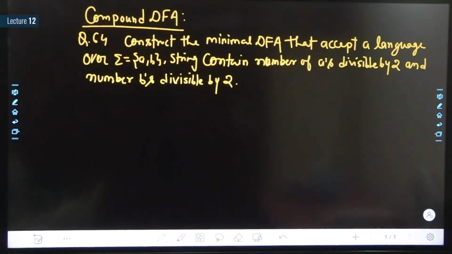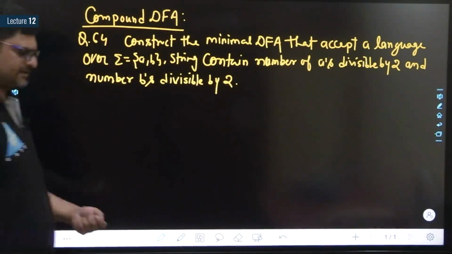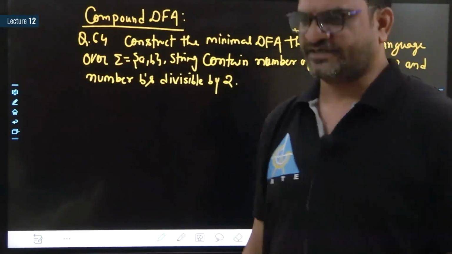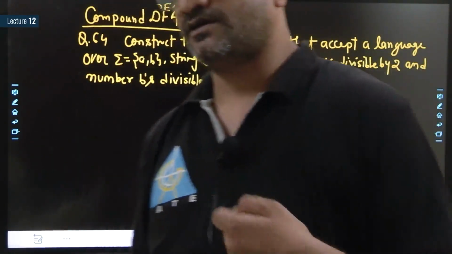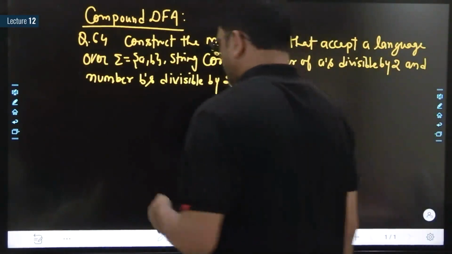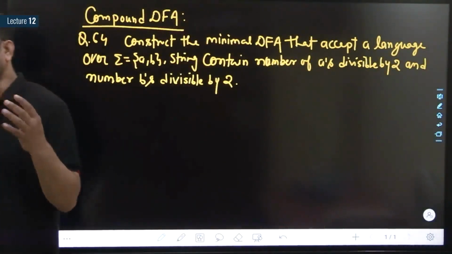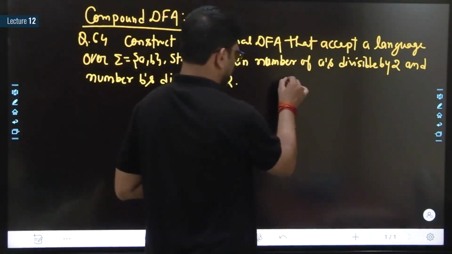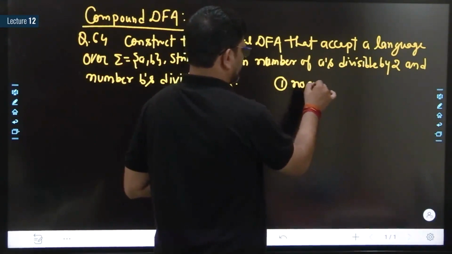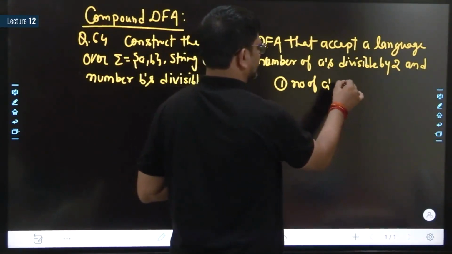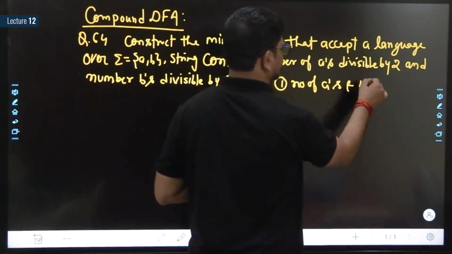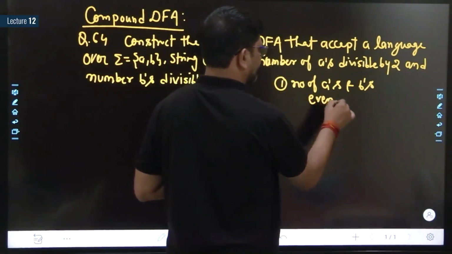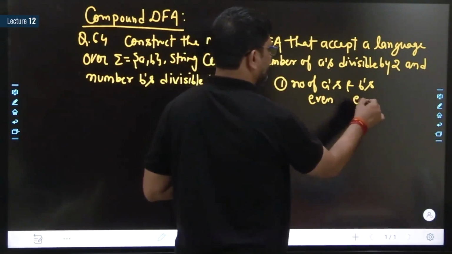This question can also be written as: number of A's is even and number of B's is even. There are four questions involved, based on the number of A's and B's. First question, both are even: even A's and even B's.